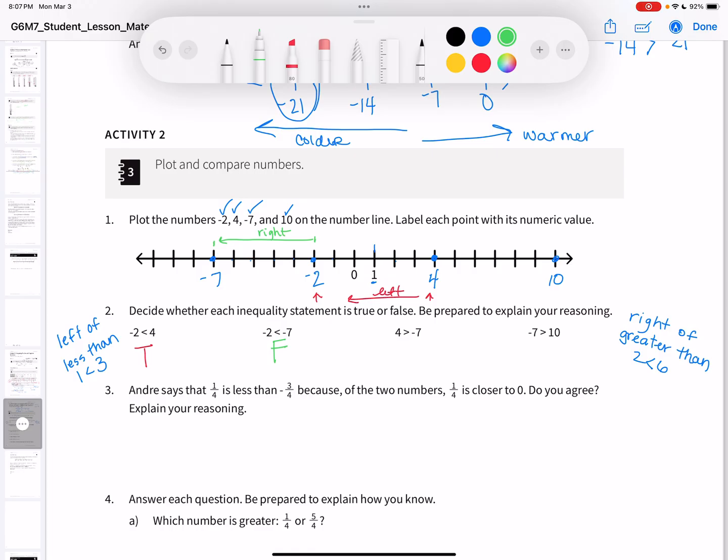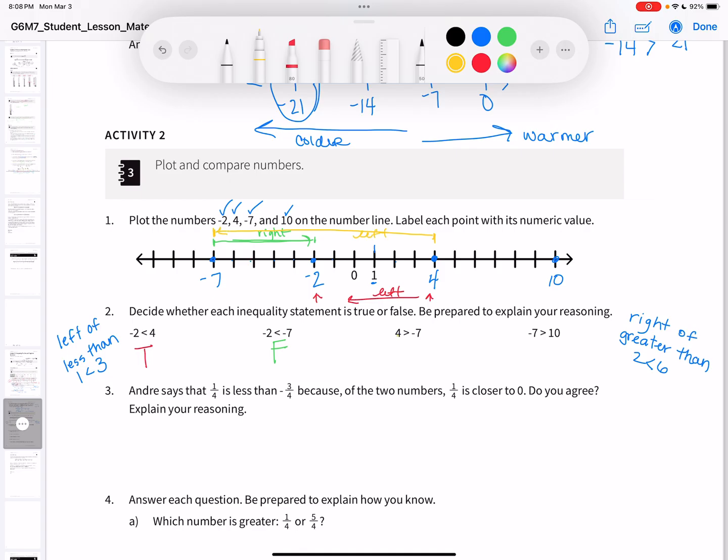All right, let's look. 4 is greater than negative 7. Okay? Well, let's try it out. Here's 4, and here's negative 7. Here's 4 and here's negative 7. 4 is to the right, negative 7 is to the left.